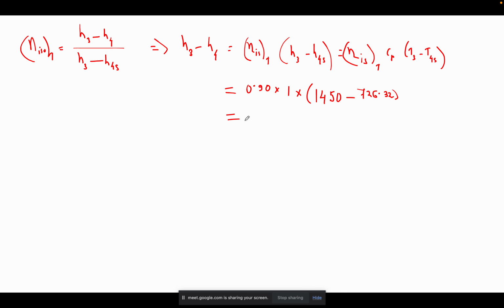Okay, this will be 651.312 kilojoule per kg, which is nothing but the work developed by the turbine.